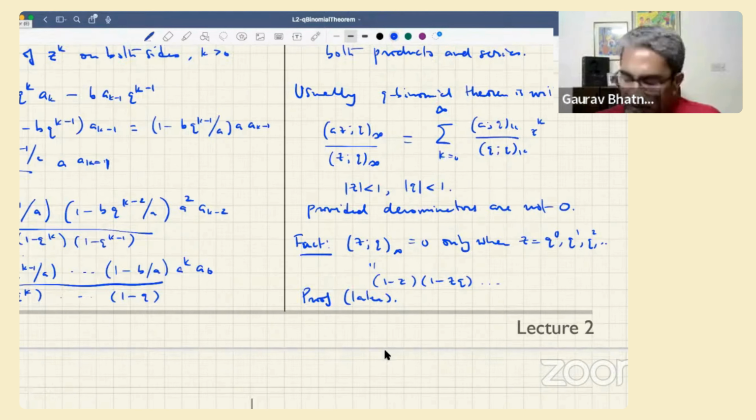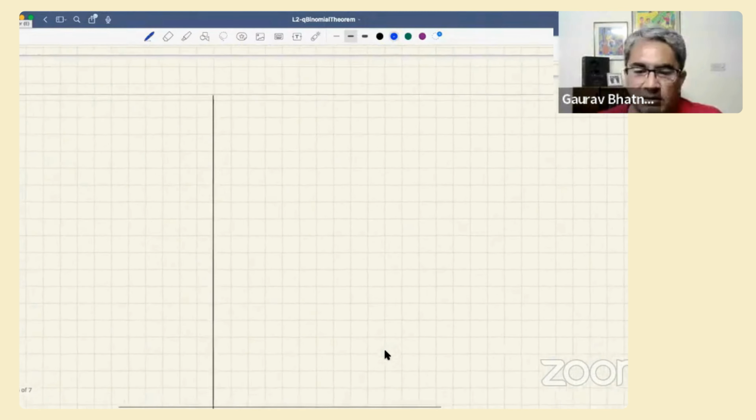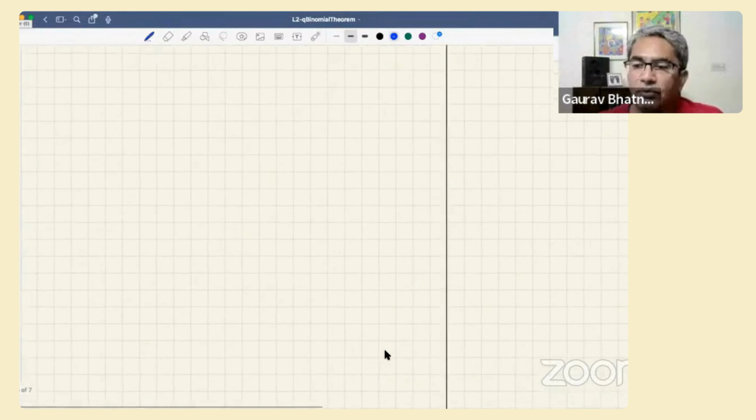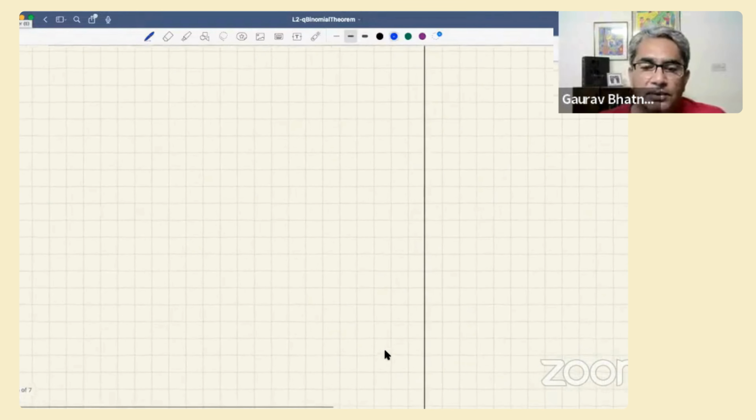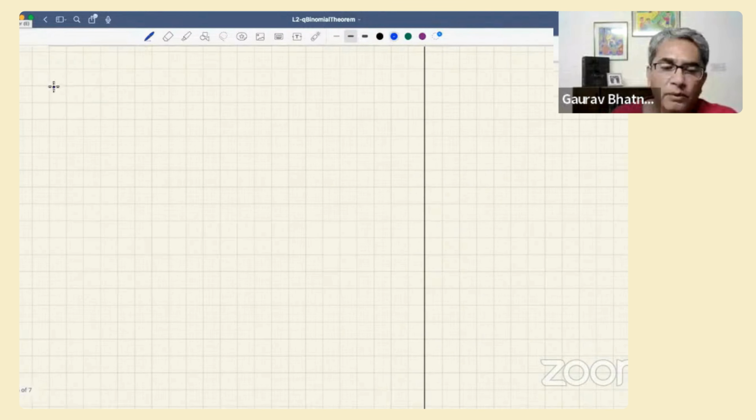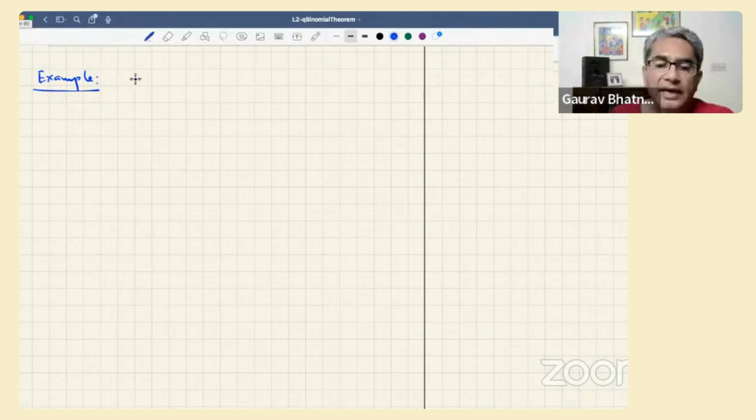So that finishes it. Let me do one small example before I stop. Suppose A is equal to q raised to minus n for some n bigger than or equal to 0.